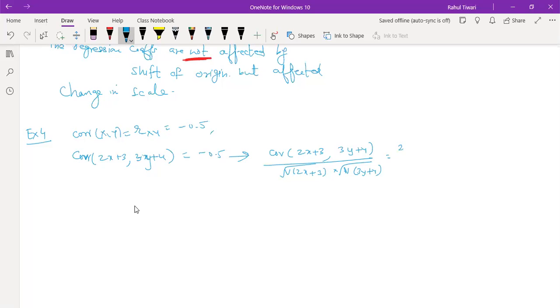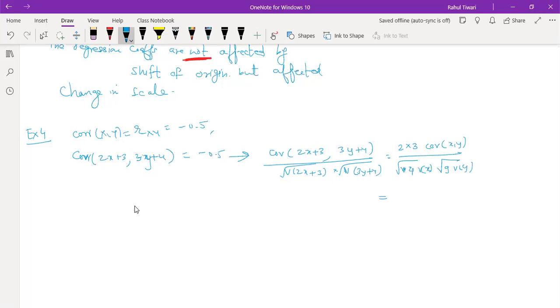It's 2 into 3 into covariance between x, y. Upon, what is the variance of this? If you take out 2, it becomes 4. And root of 9 into variance of y.